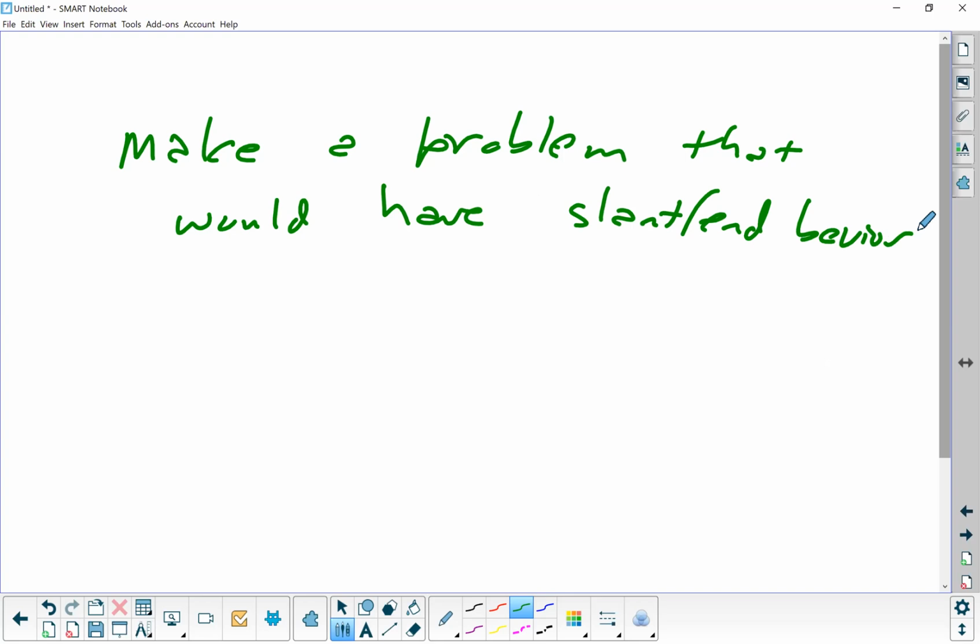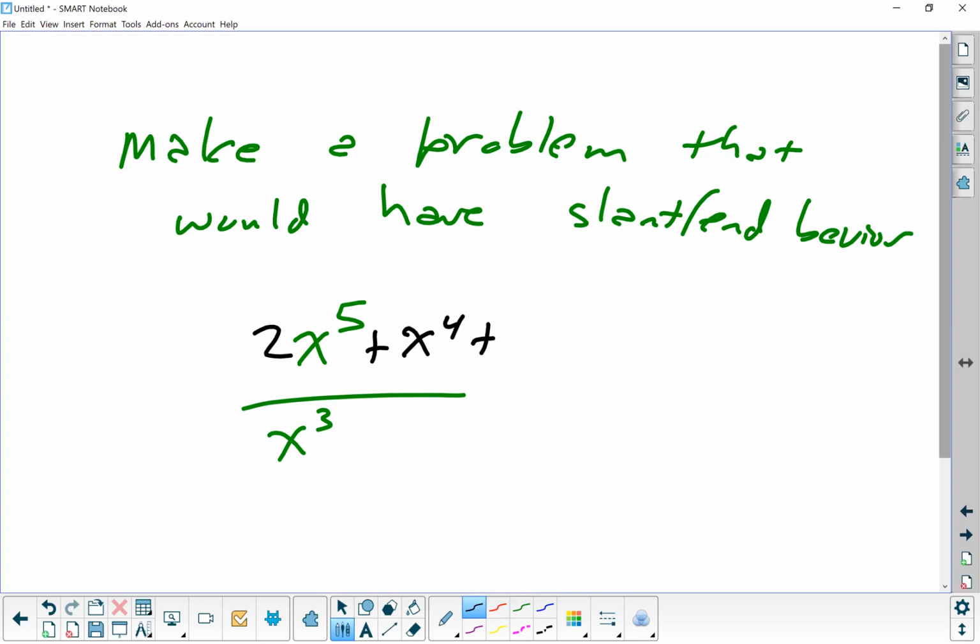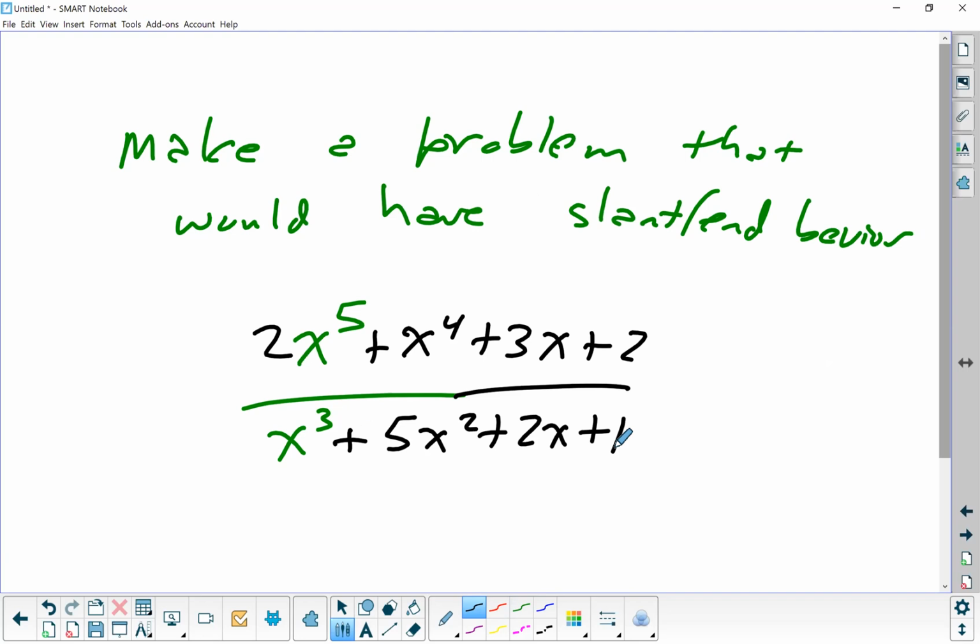Okay, so that just means that the degree on top is bigger than the degree on bottom. And then you could fill it all in with whatever you want. So that is an example problem that would have a slant end behavior asymptote.